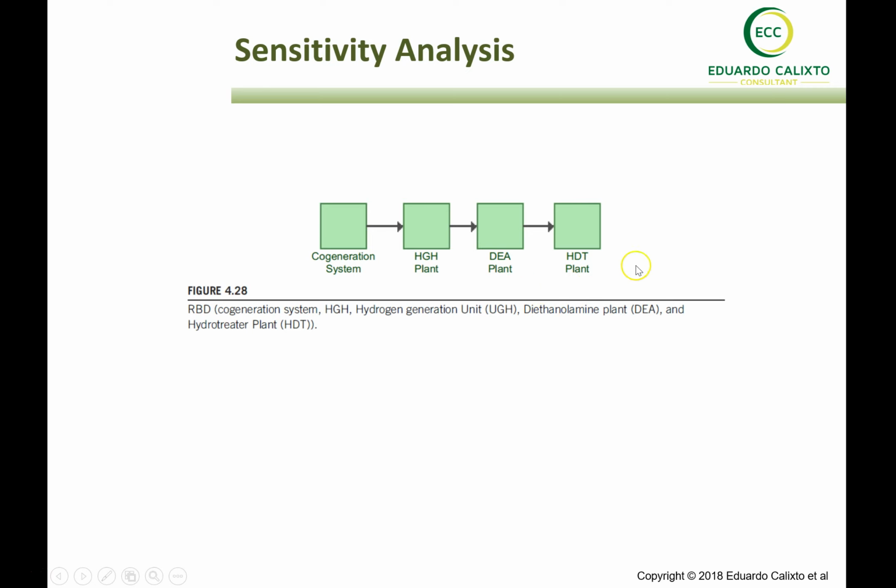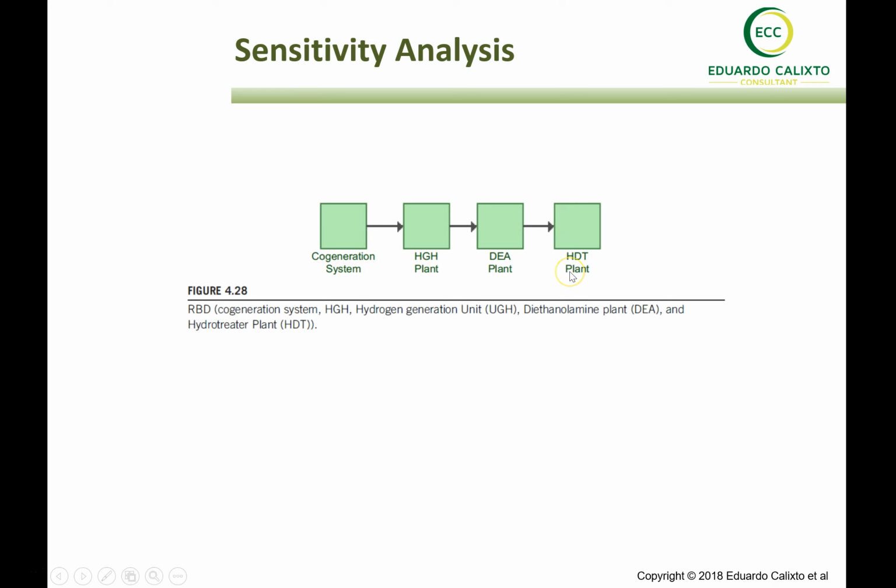In the beginning, I carried out the RAM analysis for this hydrodesulfurization treatment plant, and afterwards my intention was to check the impact of other plants on the main plant that I am planning. So if this plant shuts down, this one will shut down. If this hydrogen generation shuts down, this unit will shut down. And if the cogeneration shuts down, this one will shut down.